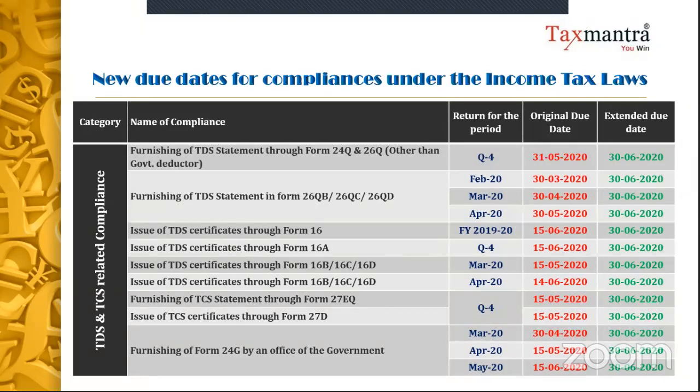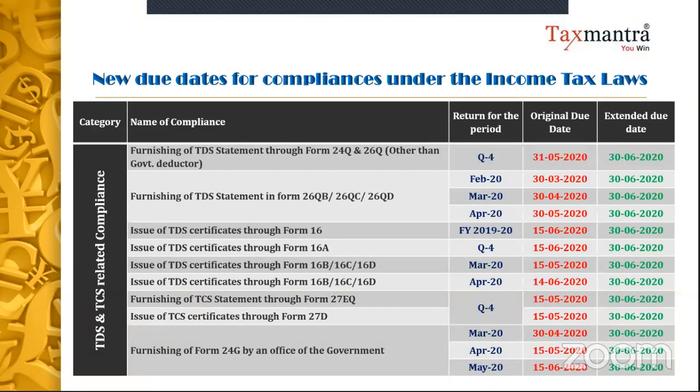Now, TDS statements other than 24Q and 26Q, like 26QB, 26QC, and 26QD, are nothing but TDS on rental property and TDS on sale of property. Those are covered under these forms. Earlier, it was a monthly return for the months of February, March, and April, with due dates of 31st March, 30th April, and 30th May. That is also extended till 30th June.